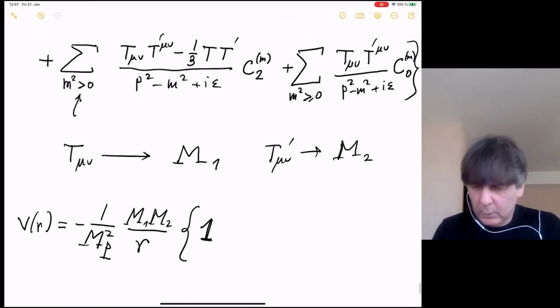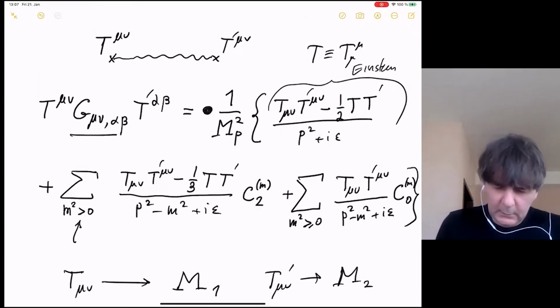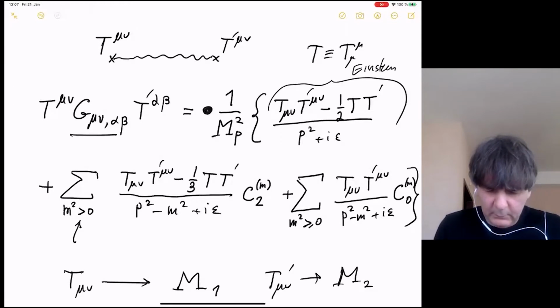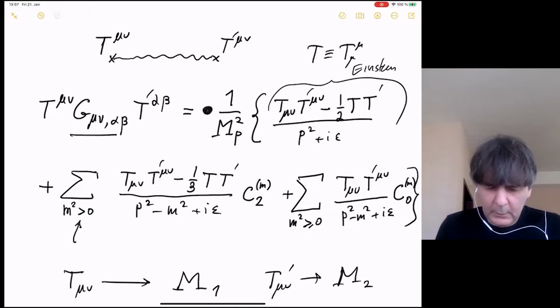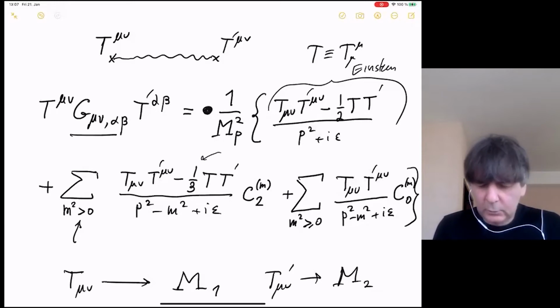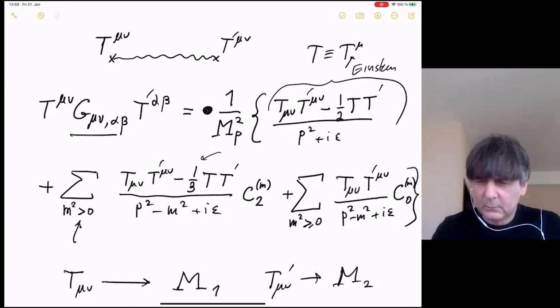If I normalize it to 1, you can see that the Pauli-Fierz part gives here m squared minus 1/2 of m squared, so that would be 1/2. And here I would have 1 minus 1/3, so 2/3. So there is 2/3 versus 1/2, so there is a relative factor of 4/3.